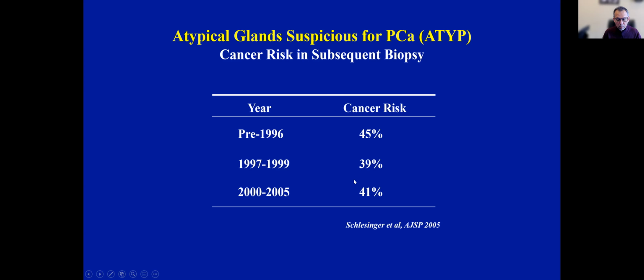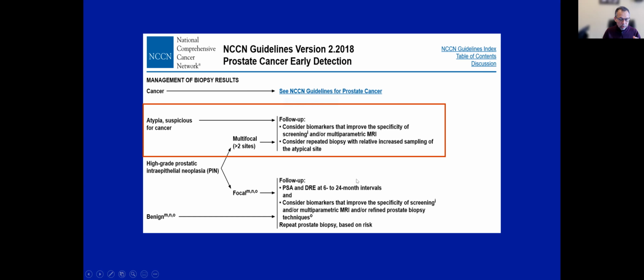So most urologists would do a repeat biopsy within 6 months, but now we are dealing with more and more multi-parametric MRI imaging technologies. So a patient may be offered MRI, and if there is a lesion, they would definitely do a repeat biopsy within a short period of time.